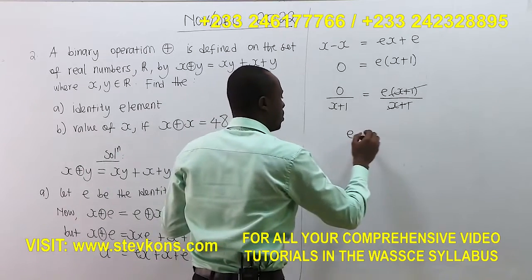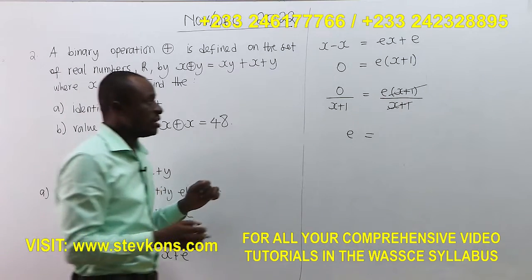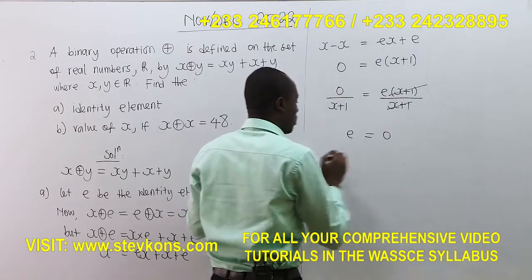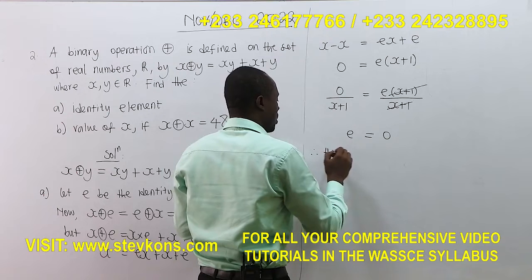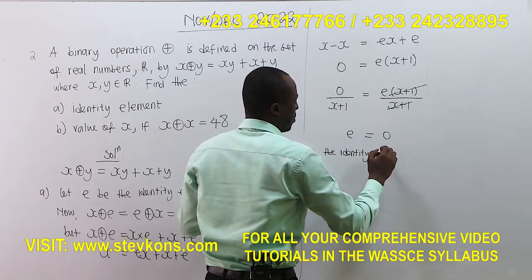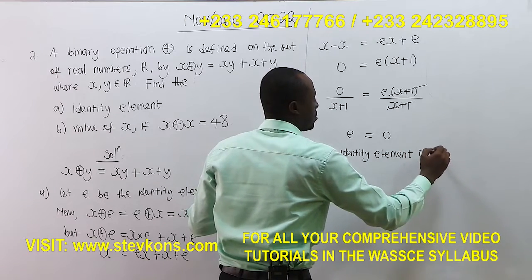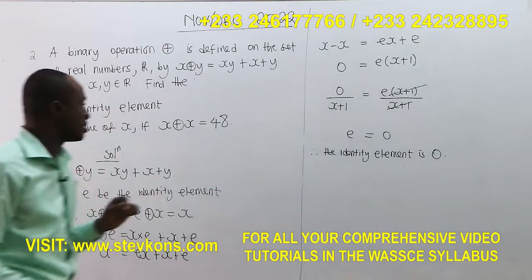So we have e equal to, now what is 0 over x plus 1? It is the same as 0. Therefore, the identity element is 0. That's the identity element, 0.